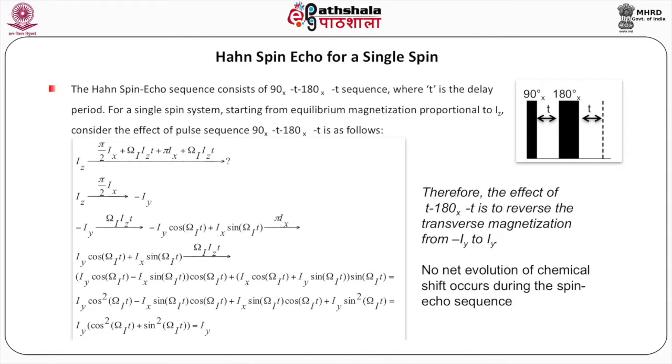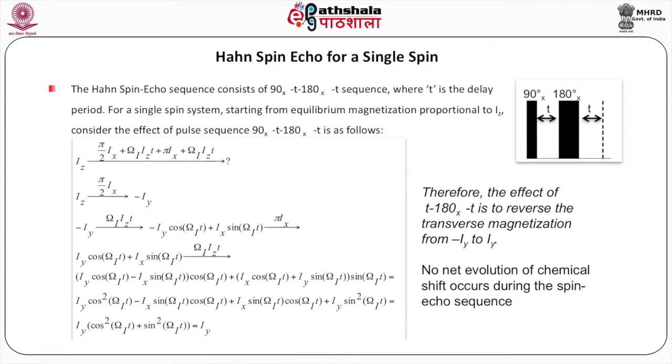Then you have a pi Ix pulse, and this gives you Iy cos omega it plus Ix sin omega it. Again you have the free precession term, and then you get Iy cos omega it minus Ix sin omega it, times cos omega it, plus Ix cos omega it plus Iy sin omega it, times sin omega it.